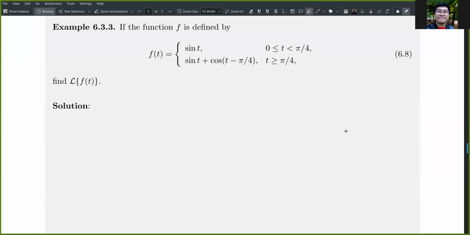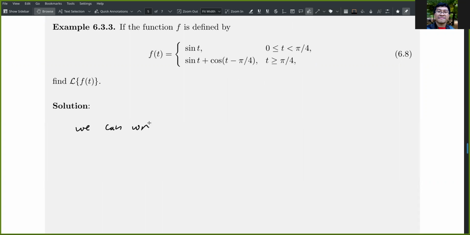Example: if the function f is defined by f(t) equals sine t for t between 0 and pi over 4, but sine t plus cosine of t minus pi over 4 for t greater or equal to pi over 4, we find the Laplace transform of f(t).